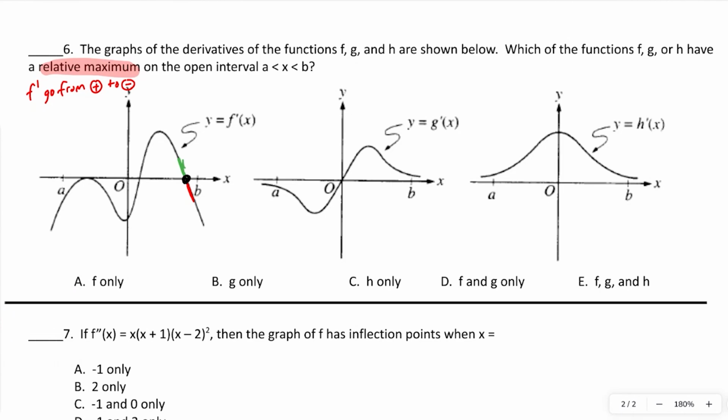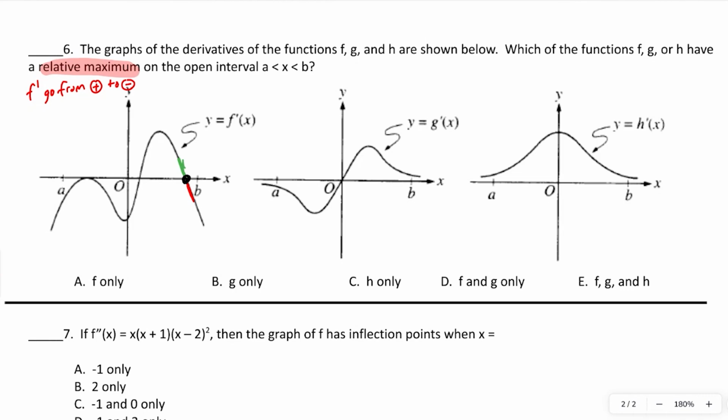Let's take a look at g. Now, g, there's no point, or g prime rather, there's no point where it goes from being positive to negative. We actually only have one critical value here. And at that point, it's going from negative to positive. So we would have a relative minimum on g, but no relative maximum.